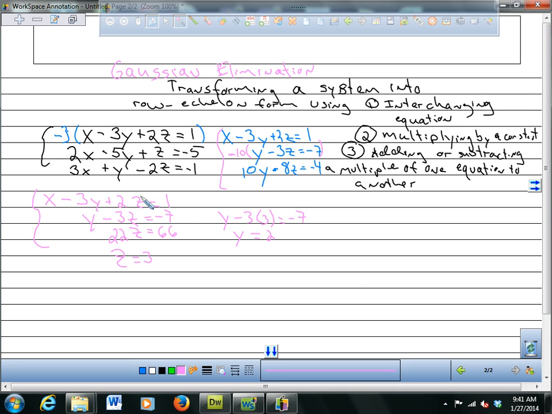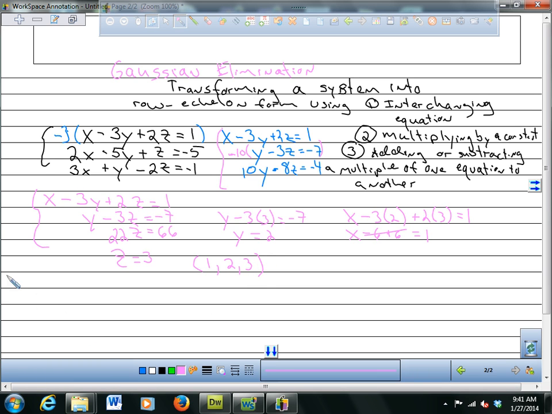And so now I go up here, and I get x minus 3 times 2 plus 2 times 3 equals 1, which gives me x minus 6 plus 6 equals 1, so x equals 1. So my answer as an ordered triple is 1, 2, 3.